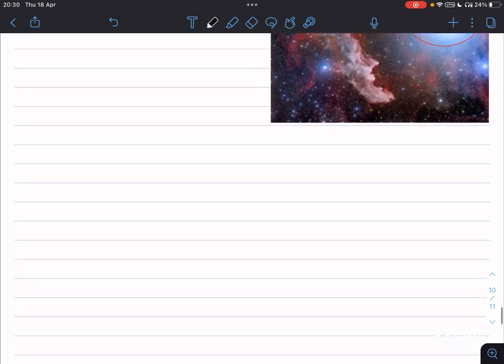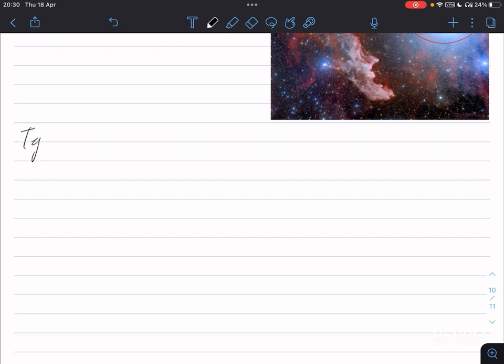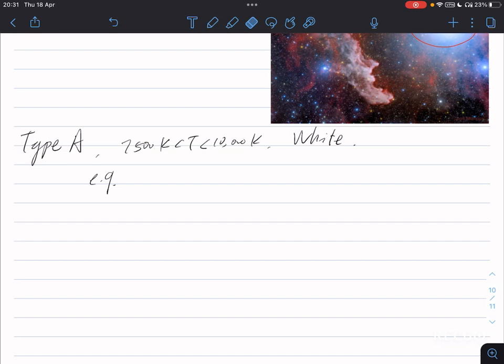The third type, type A, with temperature between 7,500 Kelvin and 10,000 Kelvin, with a white color. The famous examples are Sirius A and Vega, among the brightest stars in the night sky.